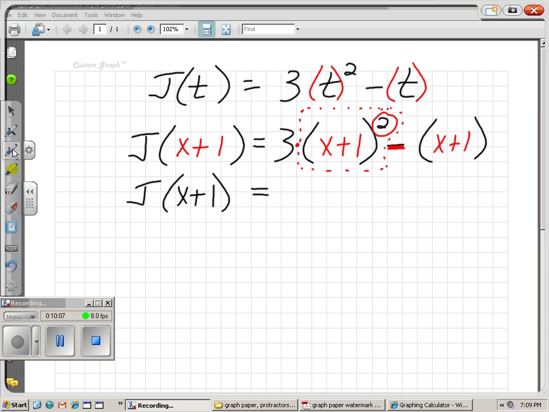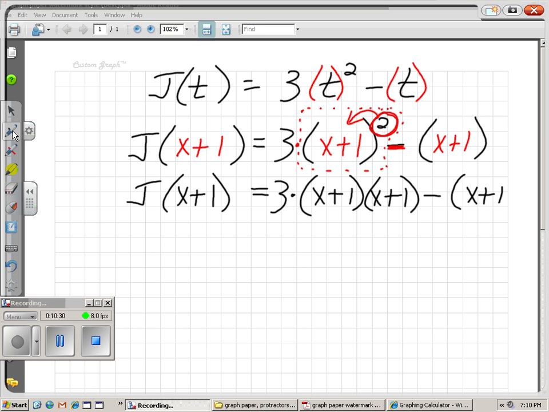All this exponent sees is this group right in front of it, so it's going to square the x plus 1. Now if you want to write this out the long way, that's going to be 3 times x plus 1 times another x plus 1. That's x plus 1 squared. We'll multiply that out on the next row. Minus my final x plus 1 on the end.